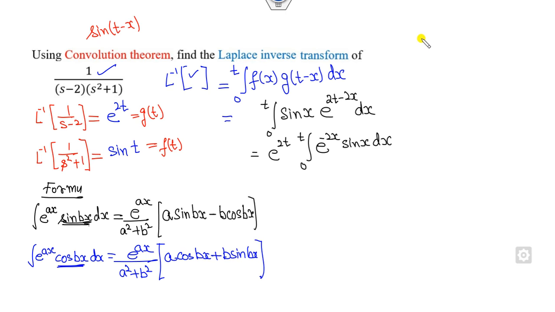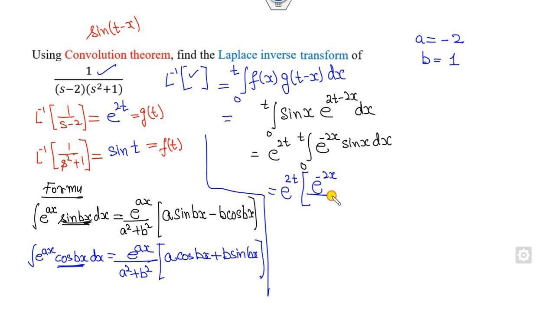Now if you compare them, a will be minus 2, b will be 1. So I can write this as e raised to power 2t, times e raised to power ax over a square plus b square, 4 plus 1, 5, times a, which is minus 2 sin x, minus b cos x, from 0 to t.